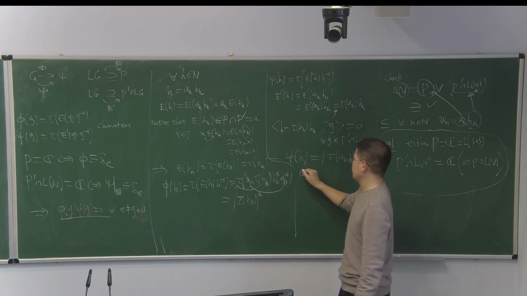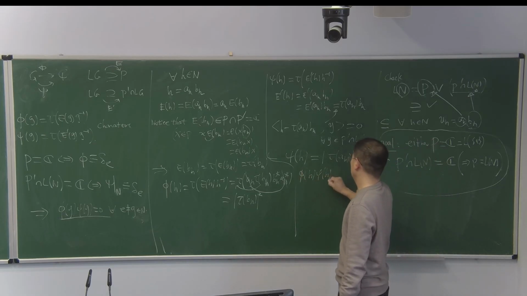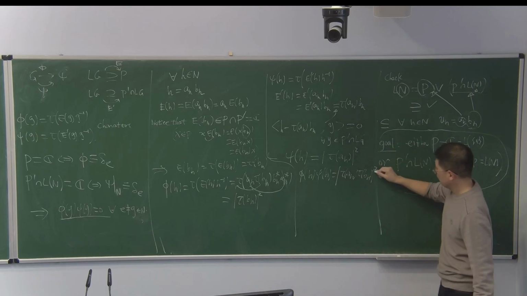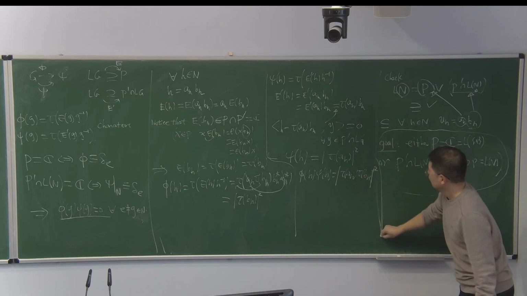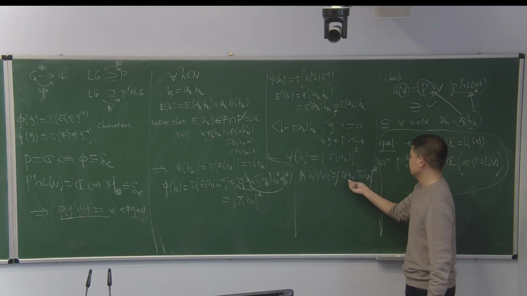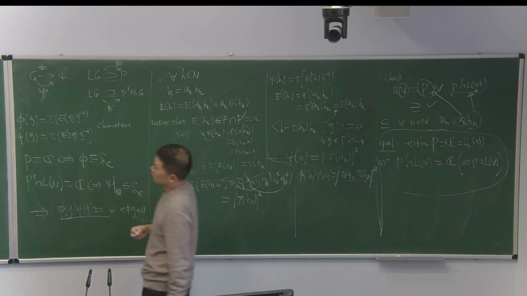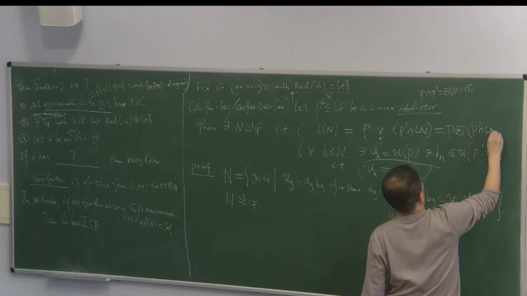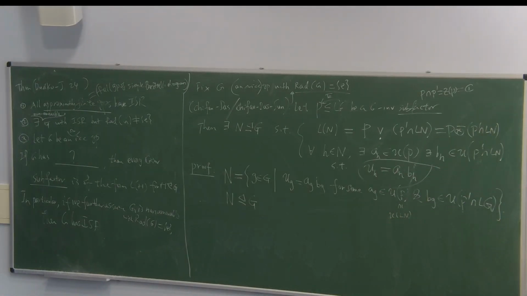So now compute the product. You actually get tau of AH, tau of BH, take the modulus and take the square. But now, since they commute, and also P is a subfactor, this actually gives you a tensor product. Of course, you don't need this fact. You can directly use, okay, let's maybe not write it down.